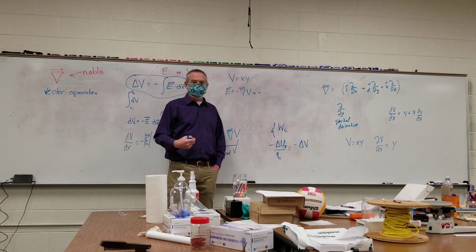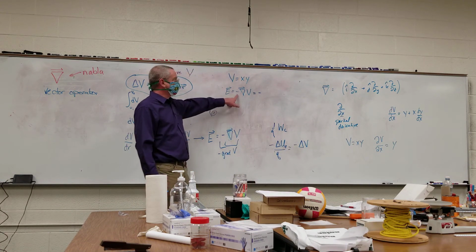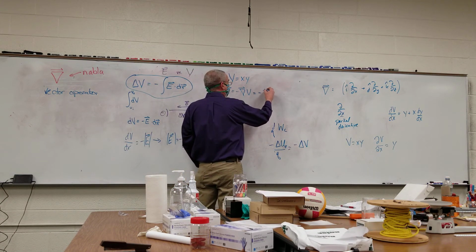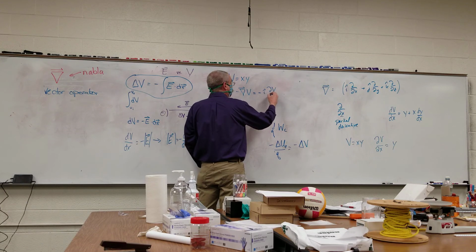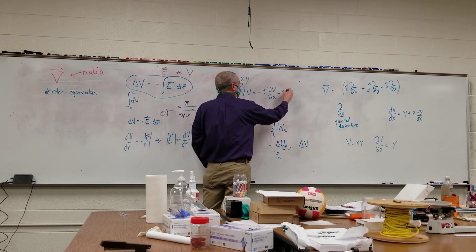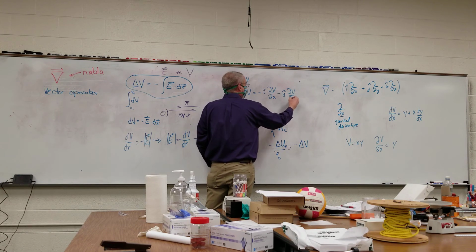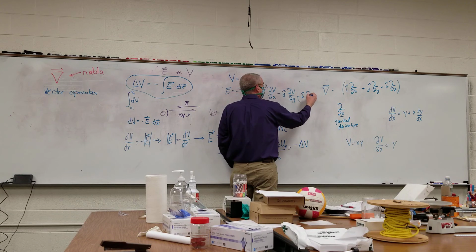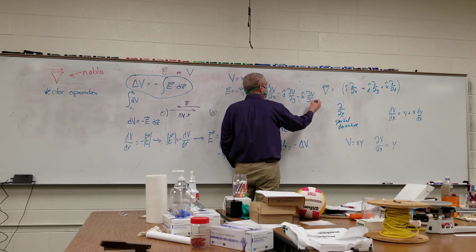The nabla does not inherently have a negative sign. The negative sign comes from the equation here. So negative i hat del V del x, minus j hat del V del y, minus k hat del V del z.